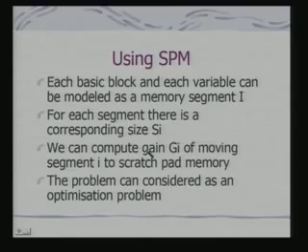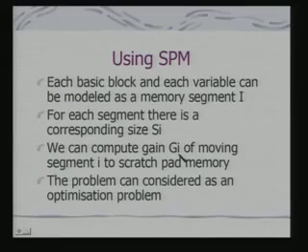Gain would come from: if that block i is in the main memory, what is the time taken, and what will be the gain if I move that from main memory to a scratch pad memory. Now this gain can be estimated using profilers. We have talked about profilers which can give you the estimate of code segments in your program. So using a profiler, you can figure out what could be the possible gain of moving a segment i to scratch pad memory.